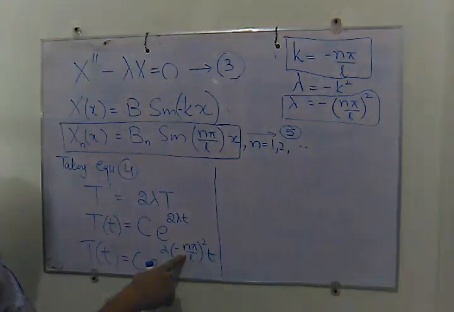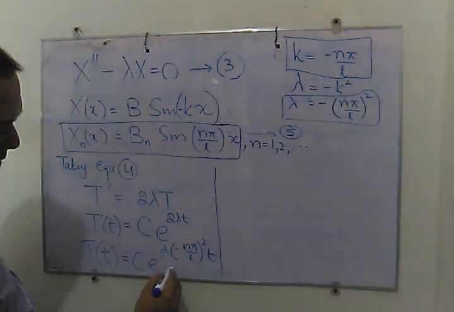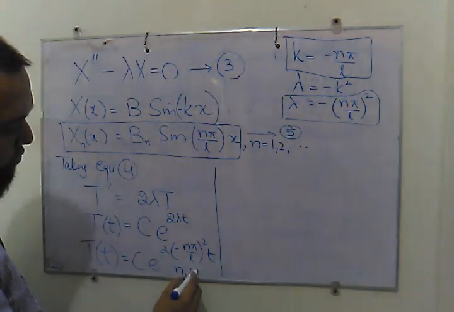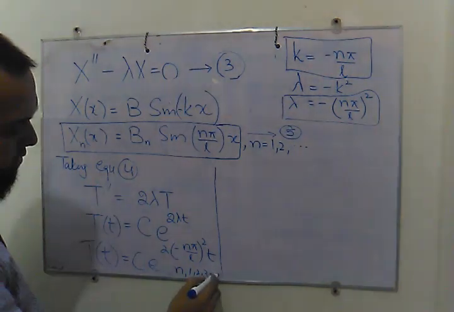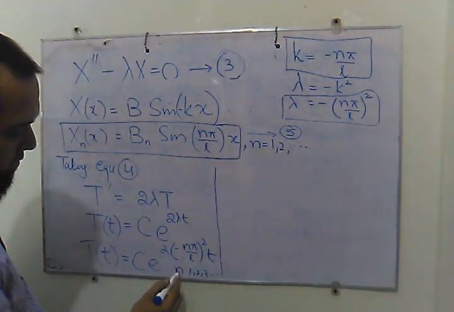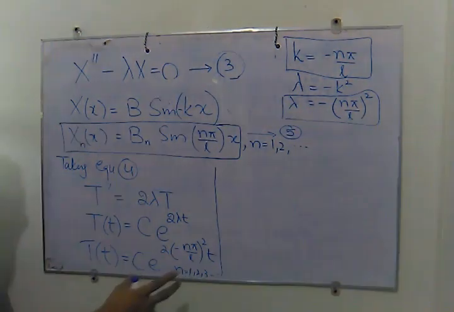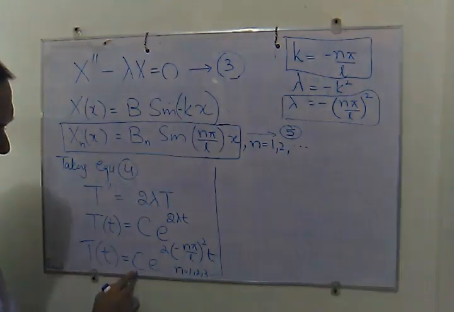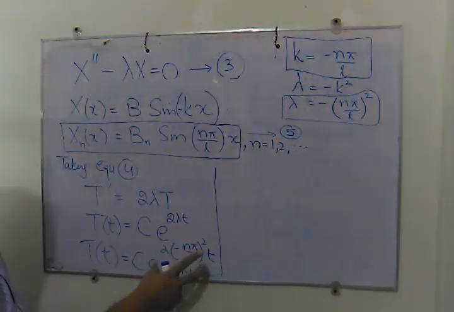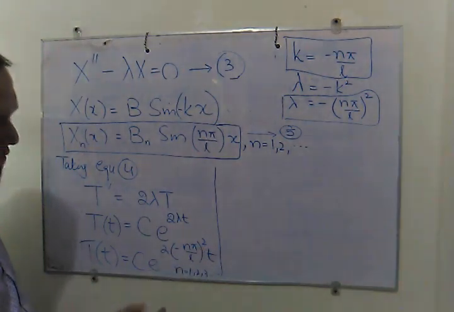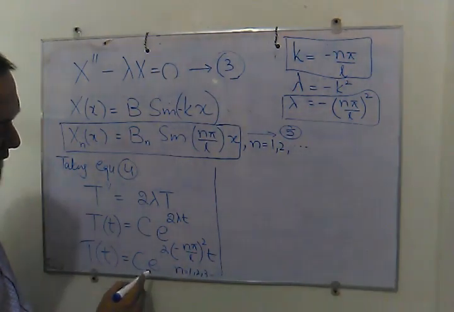Since n is 1, 2, 3 and so on, for every exponential term there must be an associated coefficient. Since there are n exponential terms, there should be n coefficients.